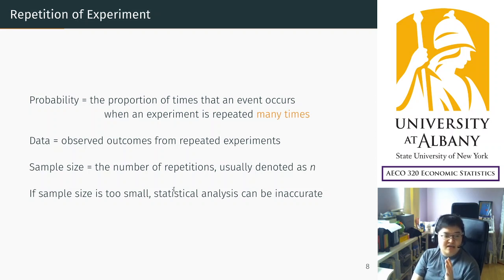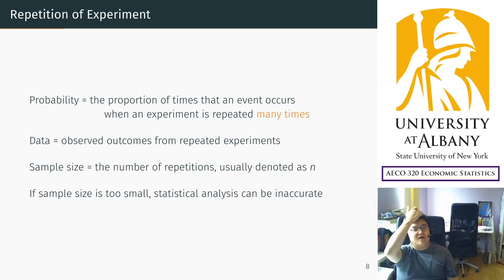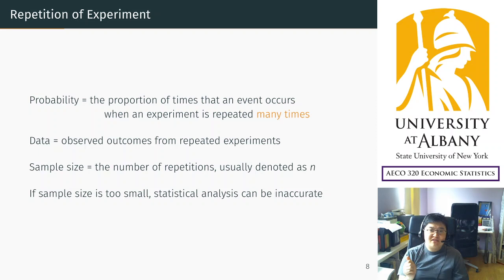Sample size, usually denoted as n, is the most important component in statistics because no matter what statistical methods you use, the best analysis is using data with a large sample size. So using a large sample size dominates everything else.